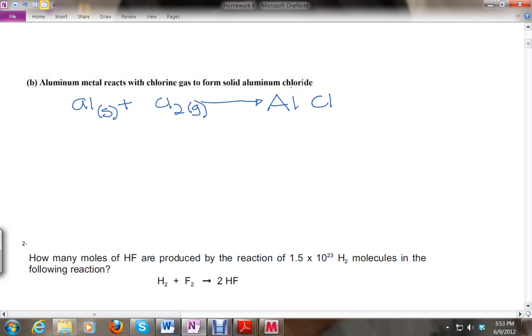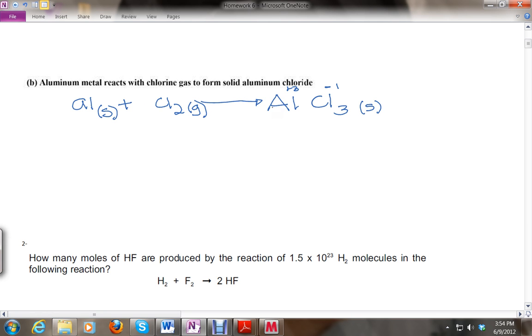Now, what is the charge of aluminum? Aluminum is a type 1, and the charge is +3, and chlorine is -1. We cross multiply them, and it's going to be 3 and 1. So it's AlCl3, solid aluminum chloride.